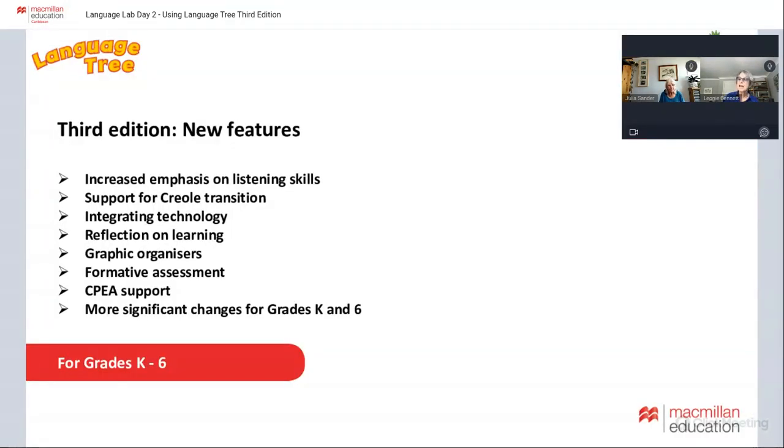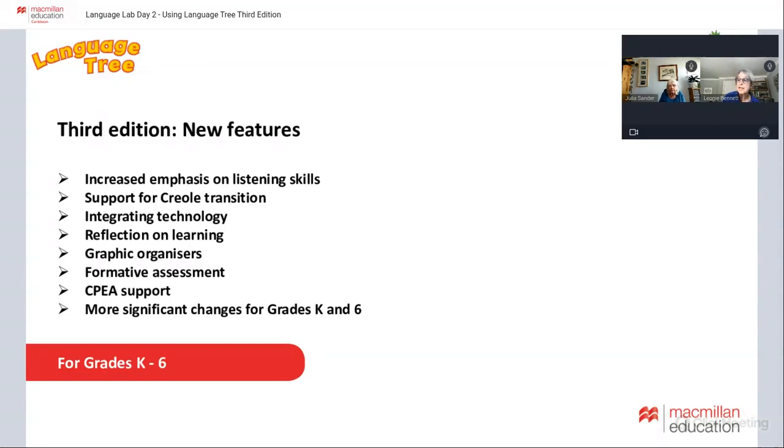Yes, so the 3rd edition of Language Tree delivers the latest OECS performance standards, and we're going to begin with a quick look at the new features. We'll be seeing examples of them in practice later on during the presentation. So there's more emphasis on listening skills, including an appendix of texts for the teachers to read aloud to the students.